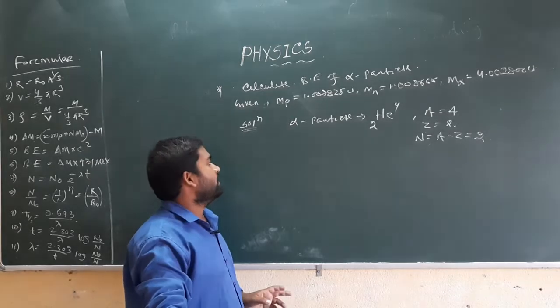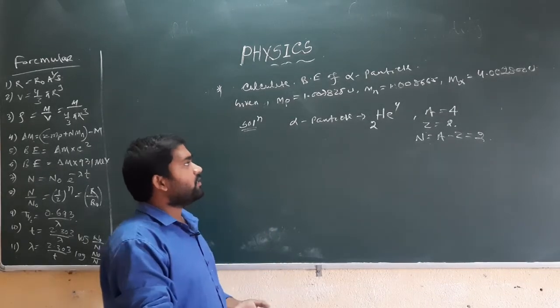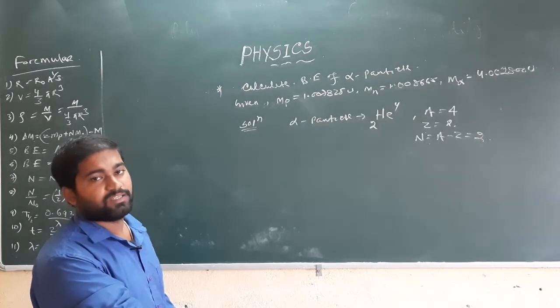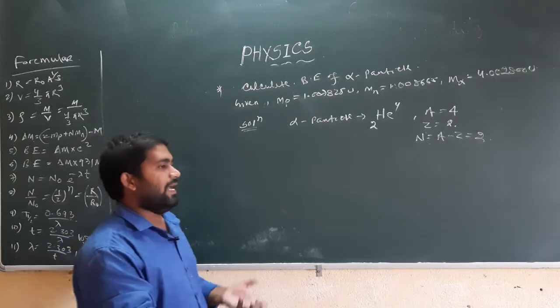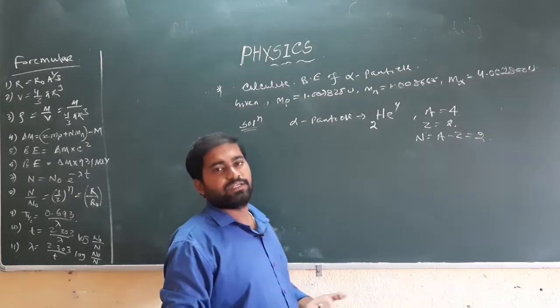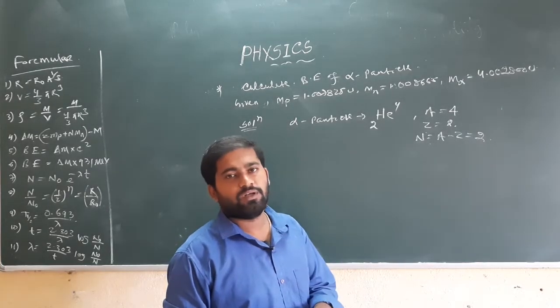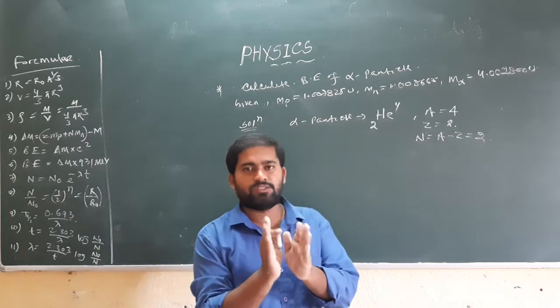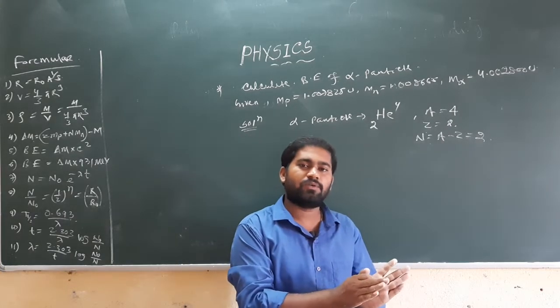In order to calculate the binding energy, we first have to find the mass defect. Mass defect is the difference between the mass of the constituent nucleons and the mass of the nucleus, that is, the difference between the actual mass and the observed mass.